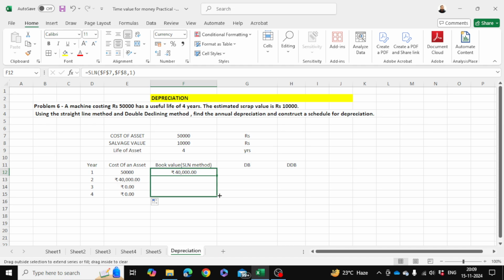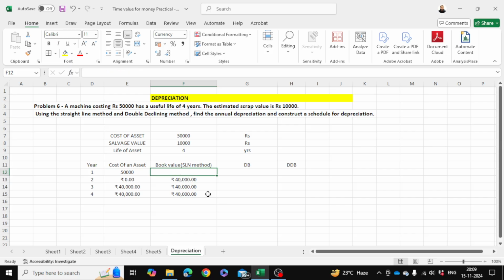Each time the value will be copied in the first column. Okay, some mistake I have done again. Let's check the formula again.